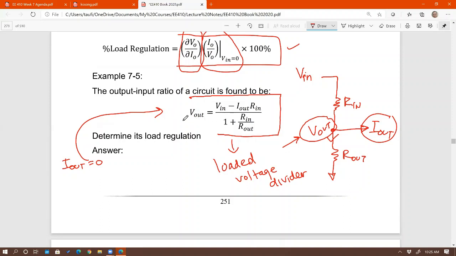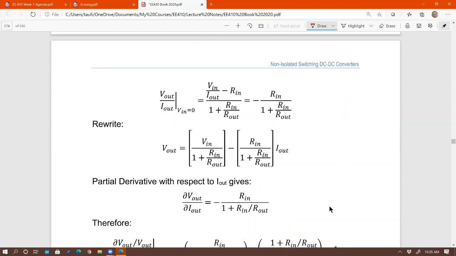Let's see, yeah, it is correct. If you divide both sides by I out, then you get this equation right here. And then if you apply V in equals 0, this disappears. Now you get V out over I out equals this equation right there.